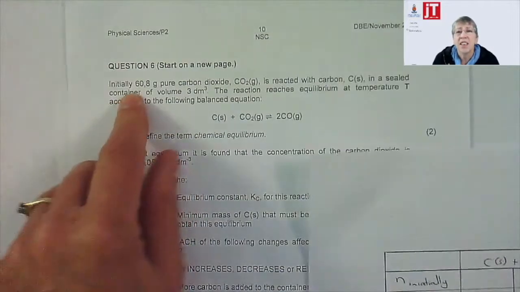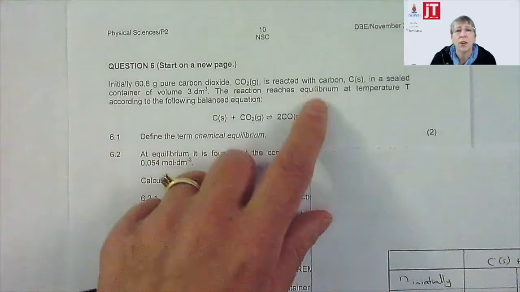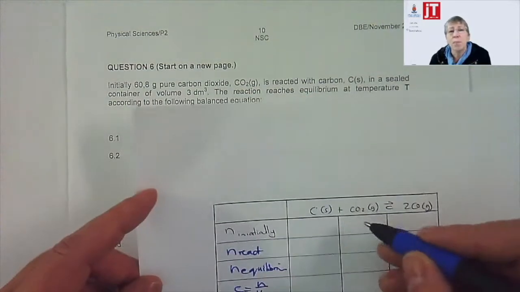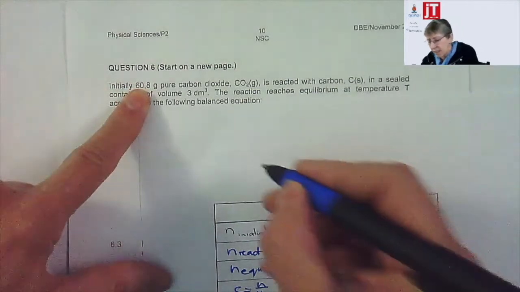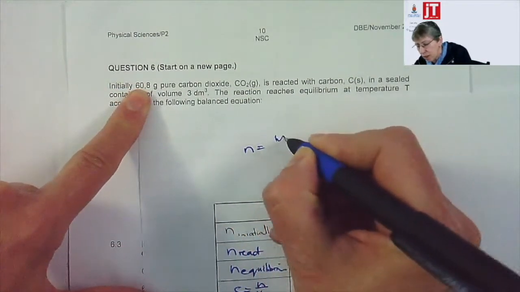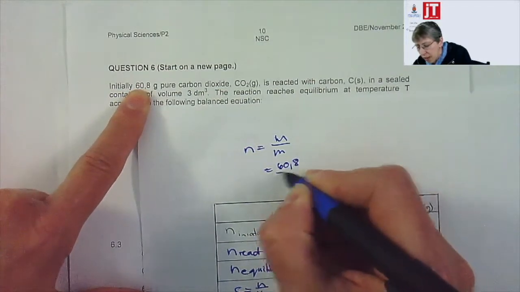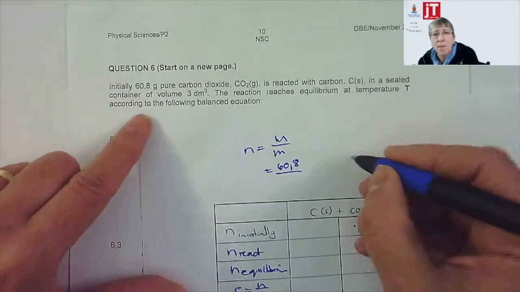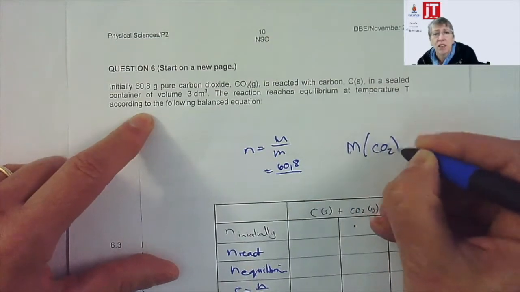They tell us that initially 60.8 grams of pure carbon dioxide react. So they don't give us moles initially, they give us mass. But this is easy. Converting mass to moles, I'm working with 60.8 grams. Big M, molar mass, go to the periodic table, and we're looking at the molar mass for CO2.